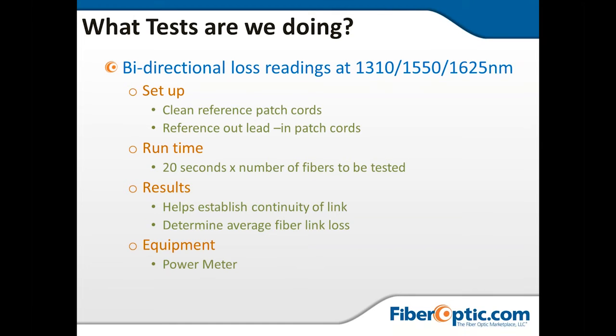It's going to take about 20 seconds per fiber that we're testing. And then these results will first establish continuity and will help determine the loss across the link itself. And the equipment we're going to use here is a power meter light source, basically an optical loss test set.